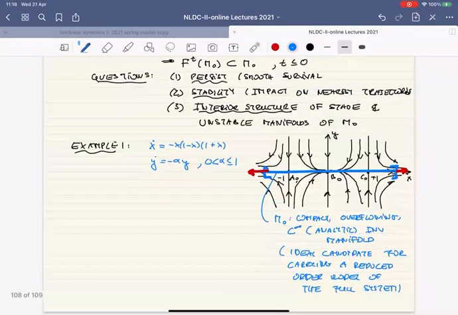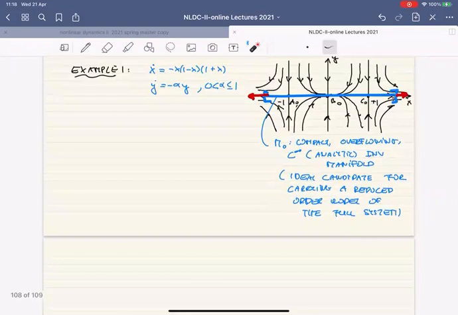So after some transients, it's really this dynamics here on the manifold that will determine your behavior, right? Whichever way you go. But I have to cut it off at some point, if I want to have a bounded, compact understanding of what's going on.